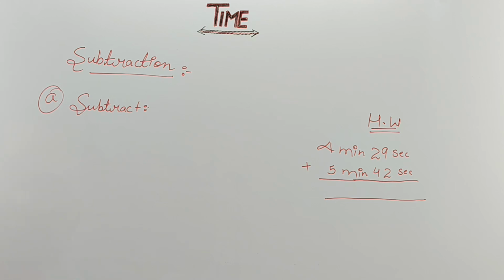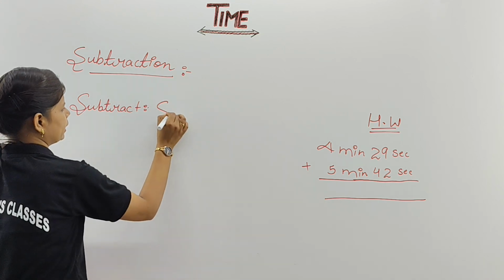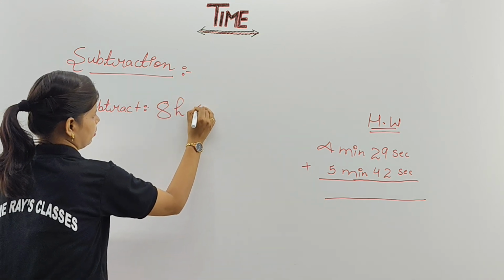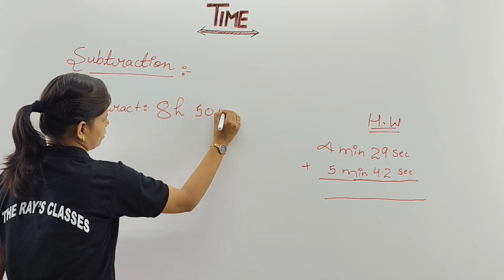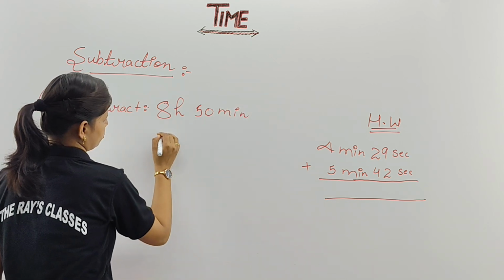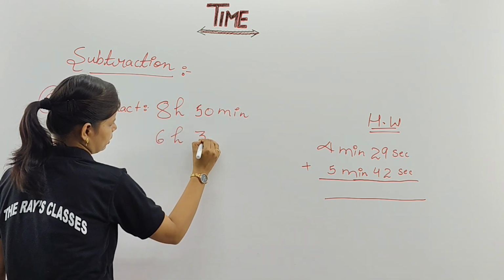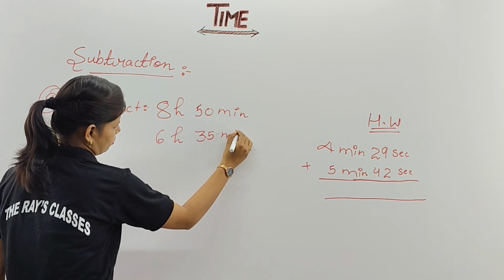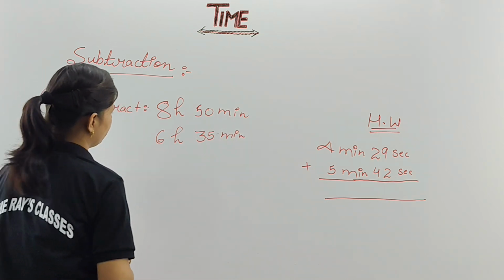So please note down the questions from here. 8 hours 50 minutes minus 6 hours 35 minutes. Clear, no?